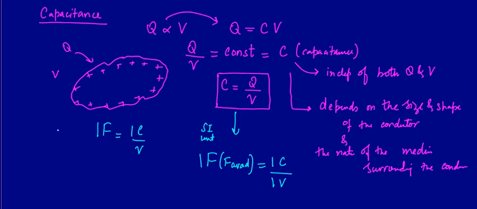What it basically means is that if you have a conductor and you give 1 coulomb of charge to this conductor, and the potential of the conductor rises to 1 volt, then that conductor will have a capacitance of 1 farad.